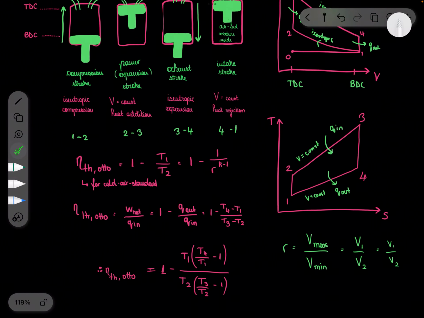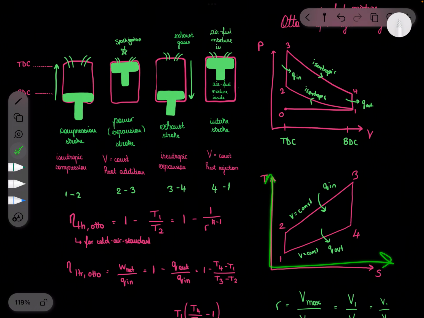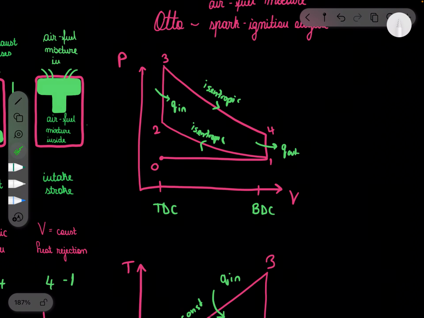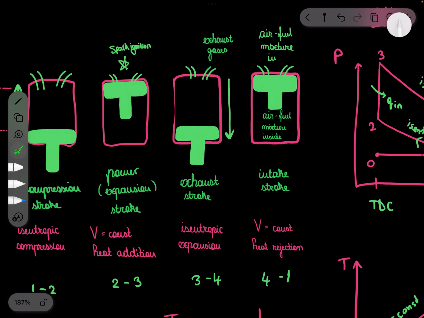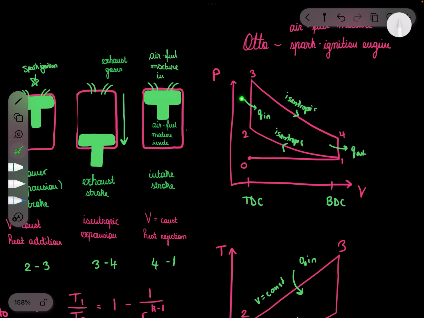Okay, so now for the TS diagram. Oh, one more thing. You see these two lines between 2 and 3 and 4 and 1. You know they're both vertical, but how do you know which one's shorter, which one's longer? You know that from 2 to 3, we are adding in heat, heat addition because of the spark ignition. So this is Q in.